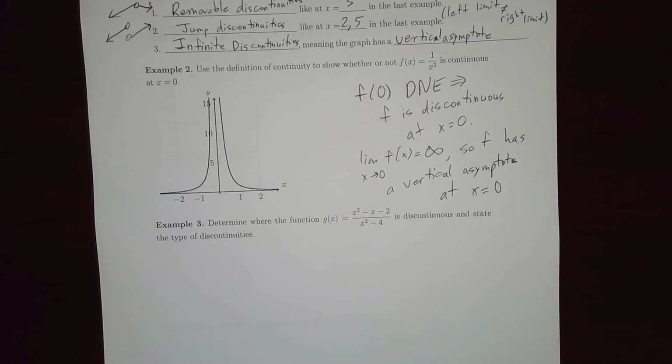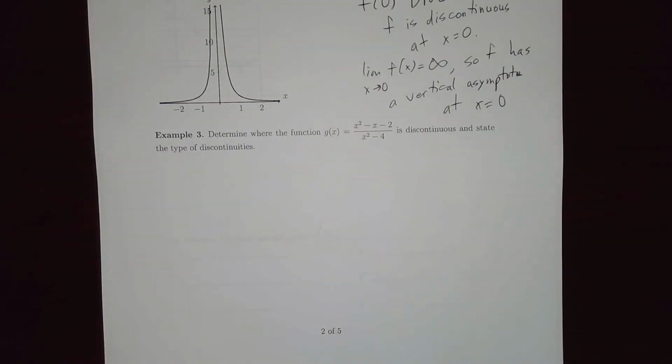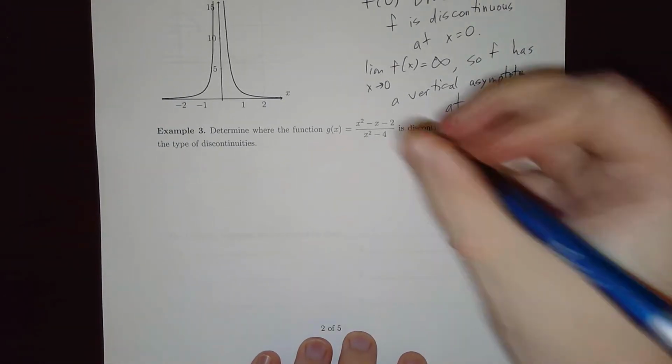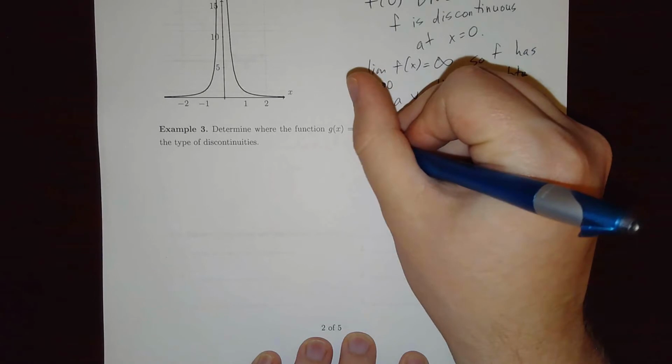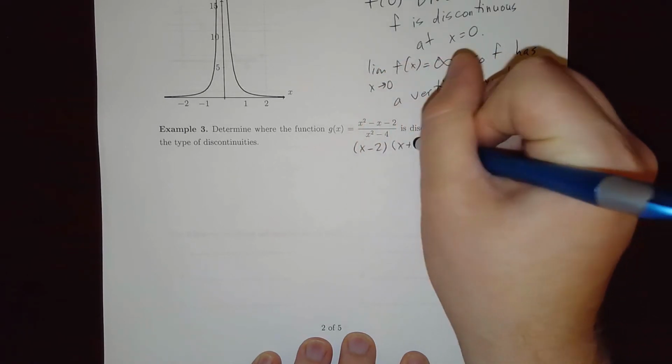So we want to go ahead and look at another example where we got a function g of x equals x squared minus x minus 2 divided by x squared minus 4. We want to know where it's discontinuous and talk about what type of discontinuities it has. So first of all, let's look at the denominator. So this is a rational function. We can factor this denominator to be x minus 2, x plus 2.